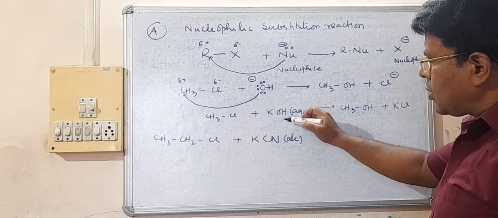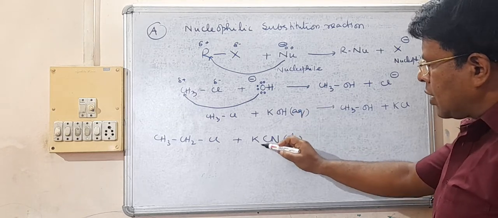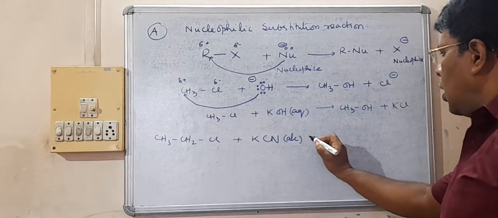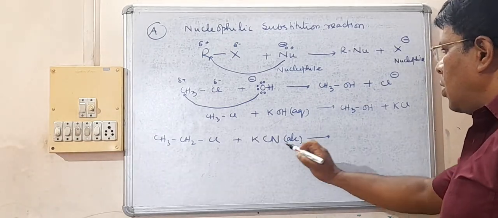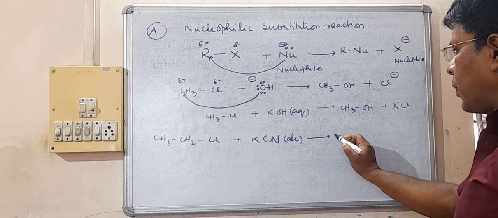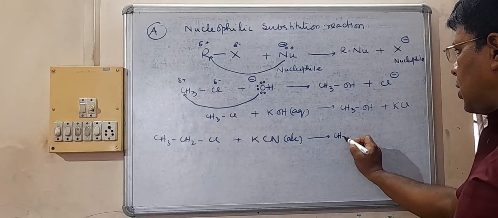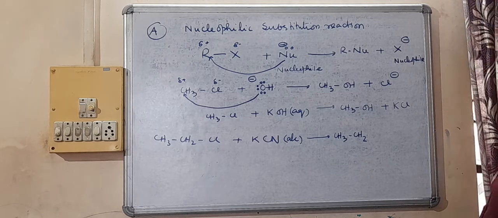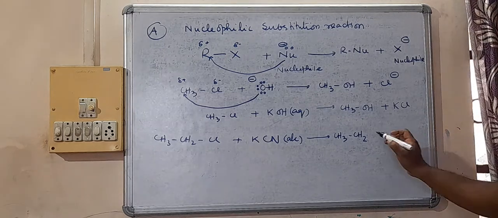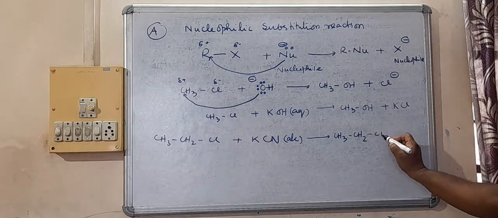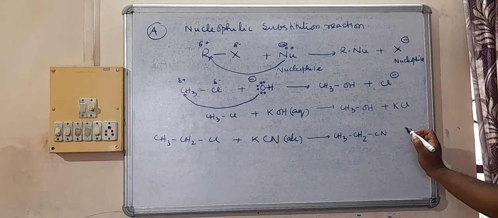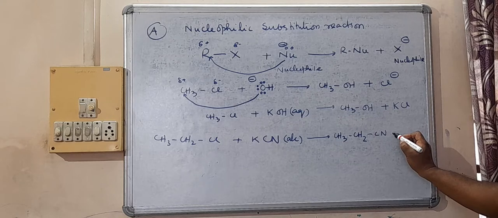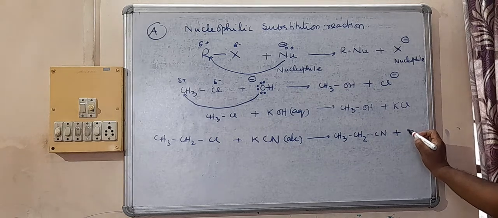This KOH has been dissolved in water and this KCN is dissolved in alcohol. And here we get the product CH3CH2CN plus KCl.